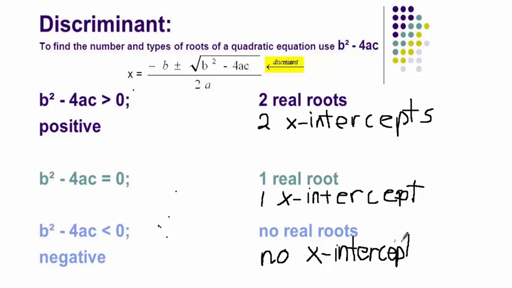That is the only part of the equation we are doing today. Just look at what's underneath the square root sign, simplify that. We're not taking the square root of it, we're just deciding, is it positive, 0, or negative? And that tells us our number of solutions or number of intercepts.